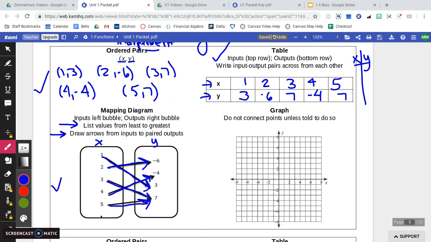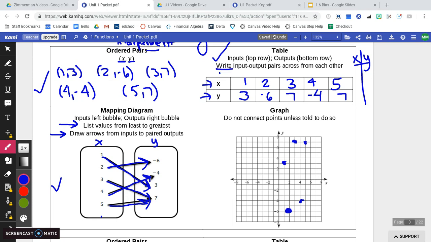So whether you want to pay attention to the ordered pairs or the table or the mapping diagram, you need to graph those points. So remember from pre-algebra, we always graph our x, y in order. So first with 1, 3, we want to move 1 on the x-axis and 3 on the y-axis. 2, negative 6 is 2 on the x, negative 6 on the y. 3, 7, 4, negative 4, and 5, 7.